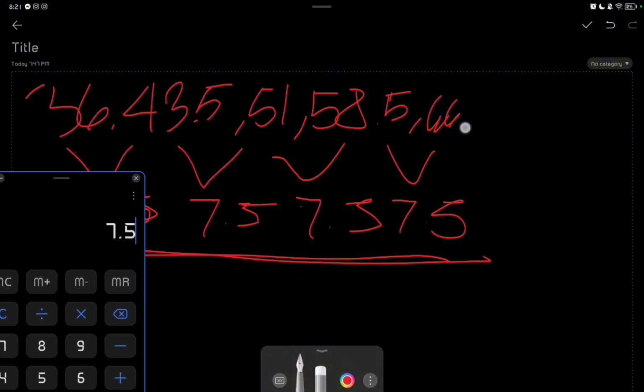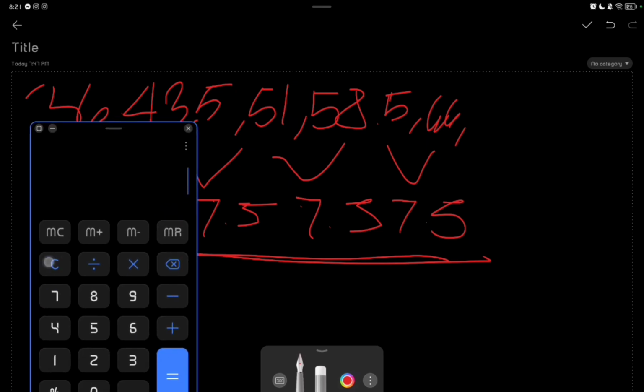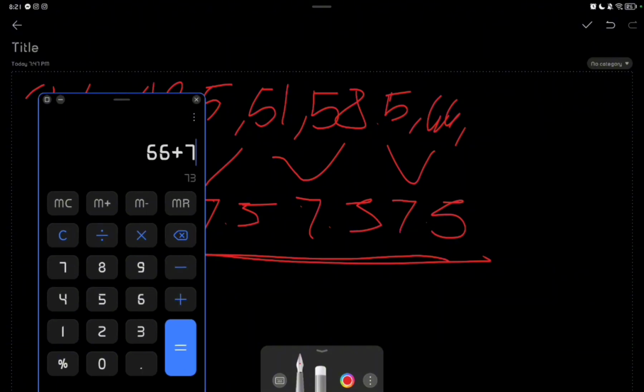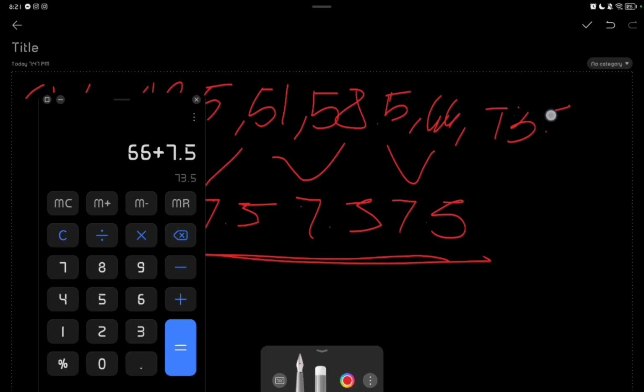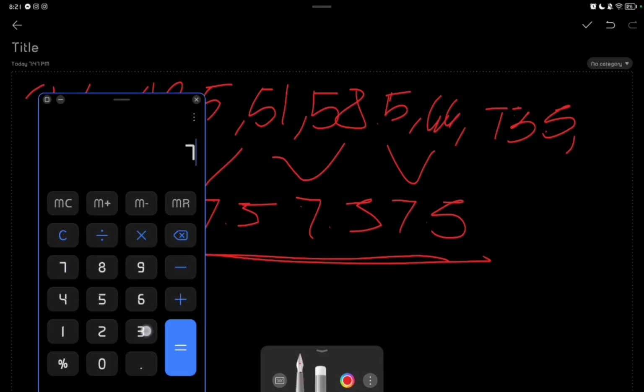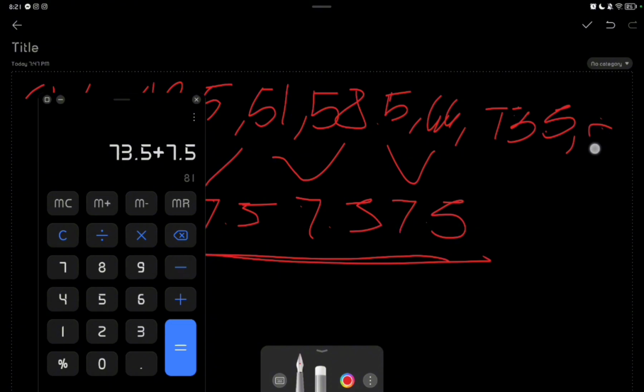Okay, so 66 plus 7.5 is 73.5. Then the next is 73.5 plus 7.5, it is 81.